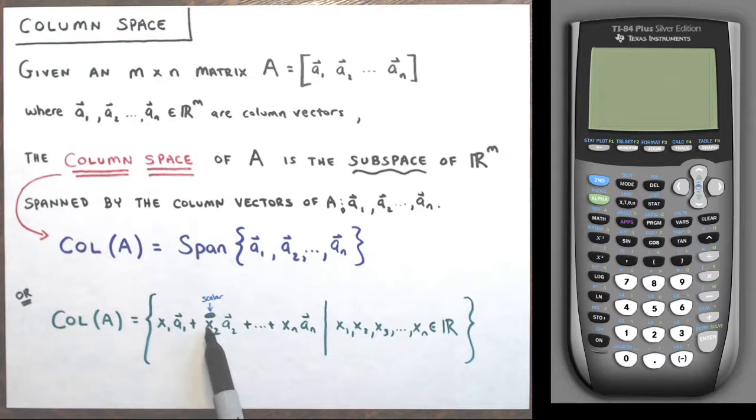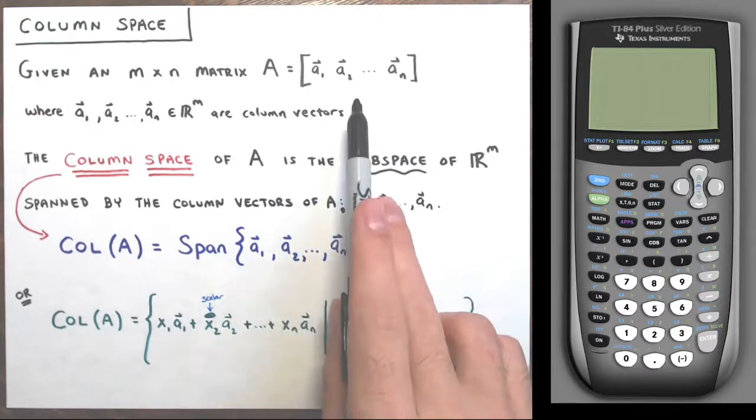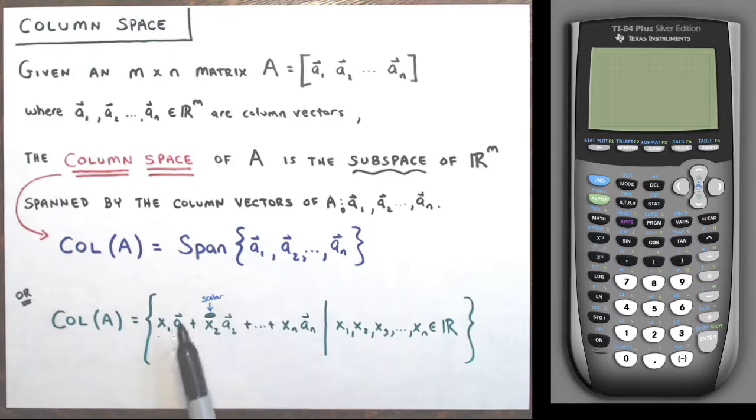That's why I wrote scalar above here, sorry. x1a1 plus x2a2 plus, all the way up to xnan. The a's are the columns of matrix A, and all these x's are scalars. Here my scalars are going to be from the set of real numbers. So hopefully you're familiar with span by now. The column space is simply a span of the columns of A.